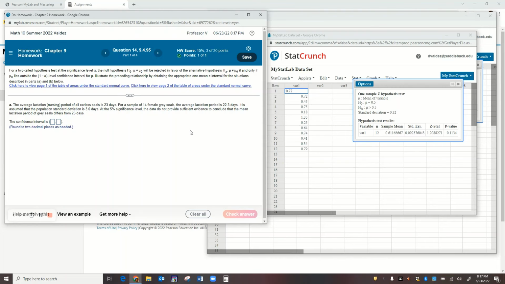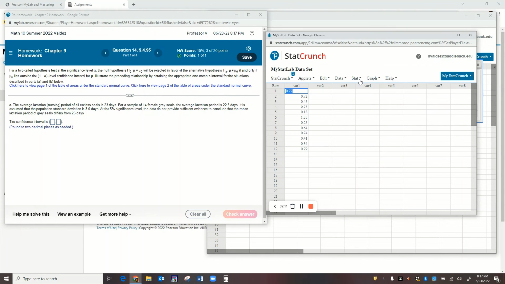At the 5% significance level, the data do not provide sufficient evidence to conclude that the mean lactation period of gray seals differs from 23 days. So they've already done a hypothesis test at the 5% significance level, and they said we're going to fail to reject the null. The data does not provide sufficient evidence to conclude the alternative. So now they're asking us, okay, we did a hypothesis test for you. Find the confidence interval. Okay, no problem.